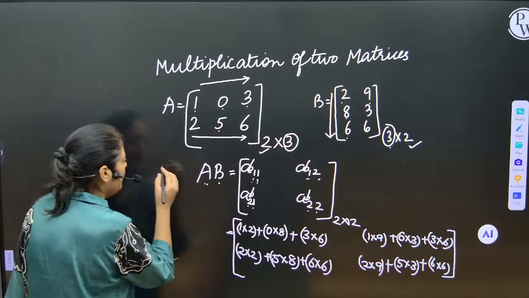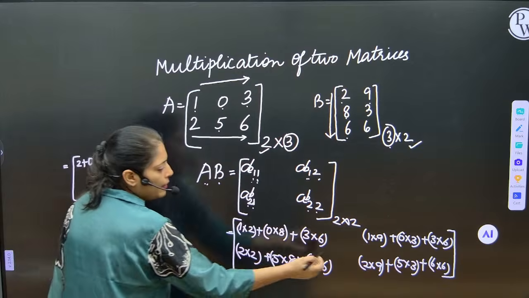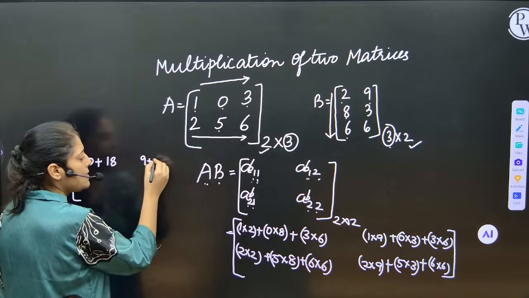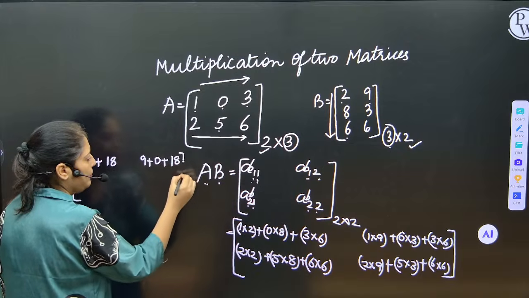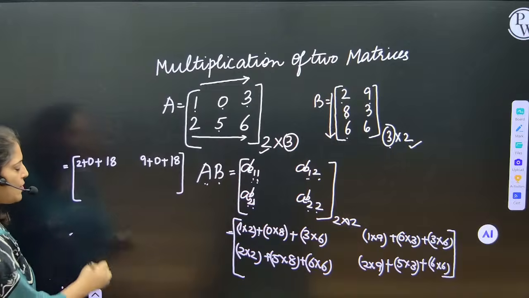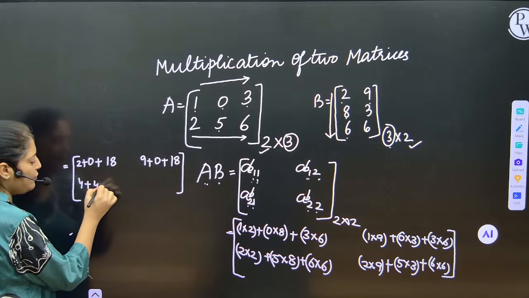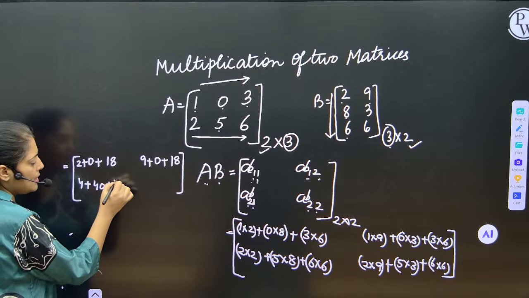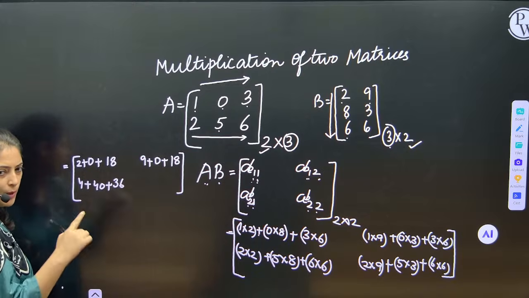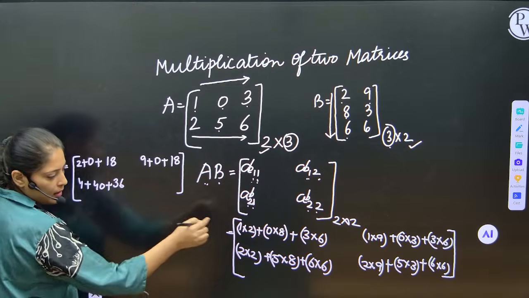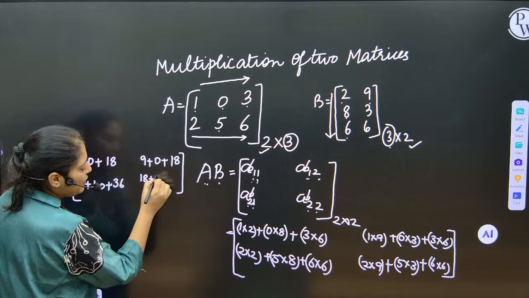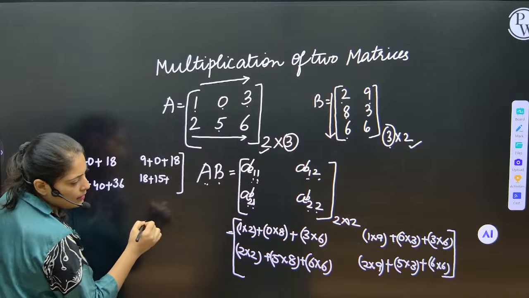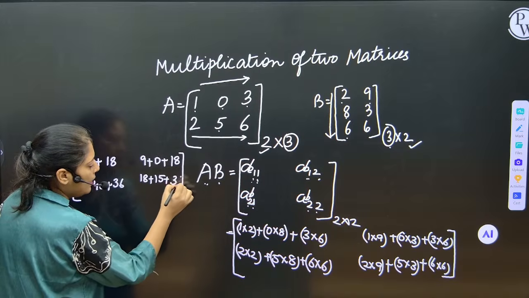9 ones are 9. 0 into 3 is 0. 6 3s are 18. 2 2s are 4. 5 8s are 40. 6 6s are 36. So correspondingly I am writing 9 2s are 18. 5 3s are 15. 6 6s are 36.